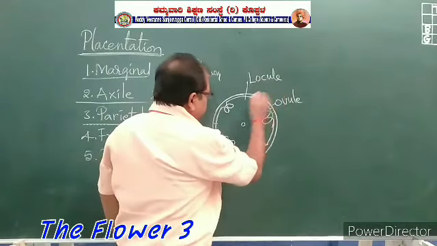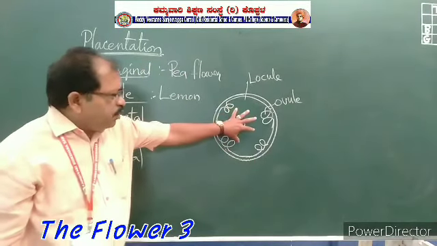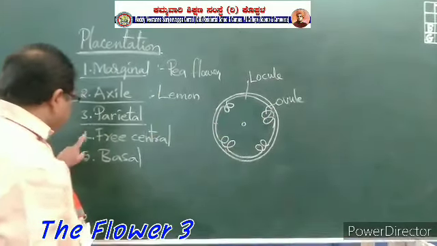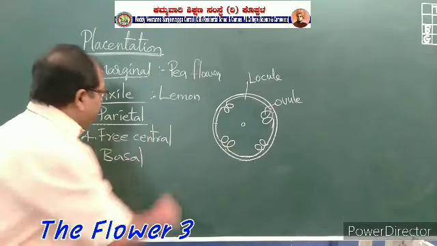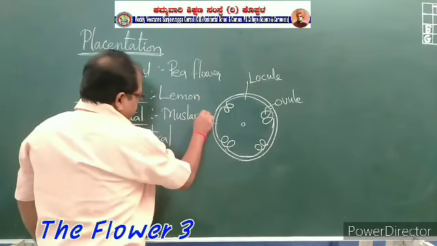These are the ovules, and this is the locule. One single locule is present here. This type of arrangement is called parietal placentation, and mustard is the best example.